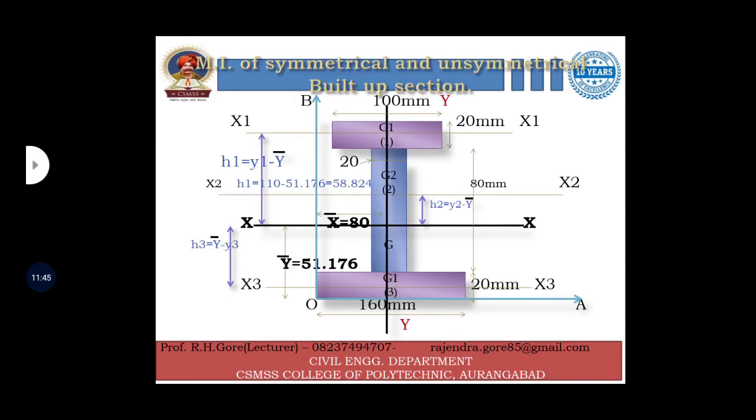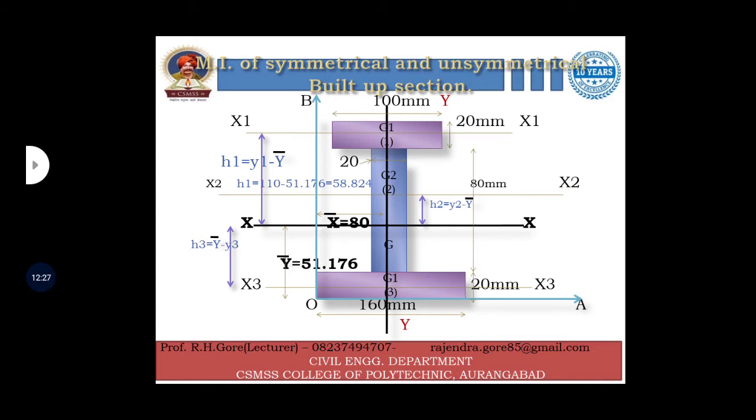In figure we can see the x-axis and y-axis, CG of unequal I sections, CG of individual rectangles, horizontal and vertical axis of individual rectangles, and the distance between the individual centroidal axis and unequal I section centroidal axis, h1, h2 and h3. h1 is y1 minus y bar, h2 is y2 minus y bar, and h3 is y bar minus y3.